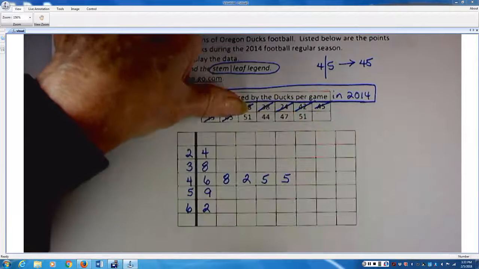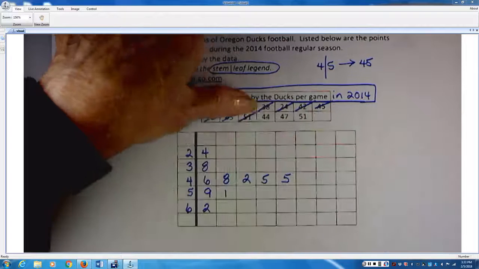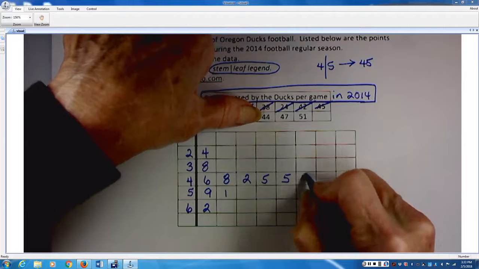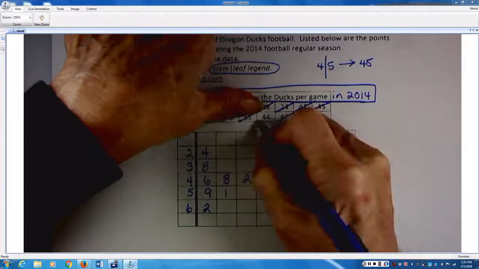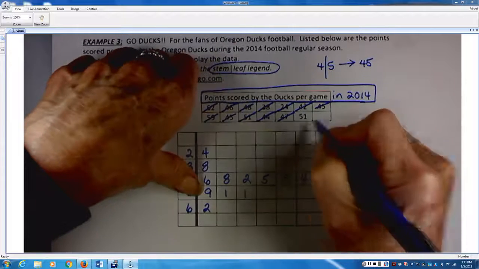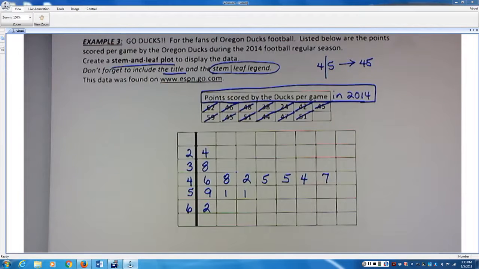The 51 belongs down here with the 59. The 44 goes here with the other 40s. And so does the 47. And then the 51 comes down there with the other 51. That is an appropriately labeled stem and leaf plot.